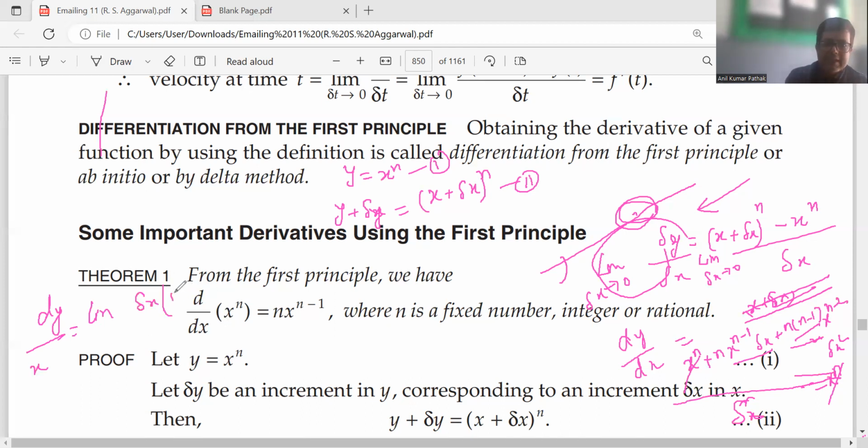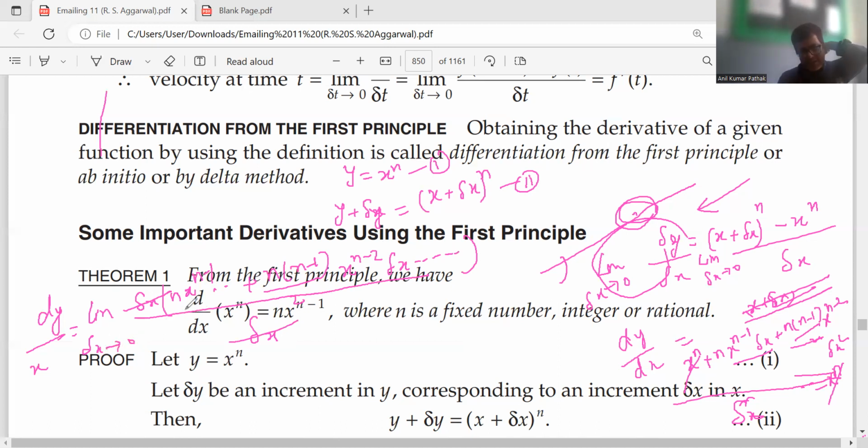Here you will get n into x to the power n minus 1 into 1 plus n into n minus 1 divided by 2 into x to the power n minus 2 into delta x, because one delta x I have taken out, and divided by delta x. Now delta x will be cancelled, and here it says delta x is tending to 0.